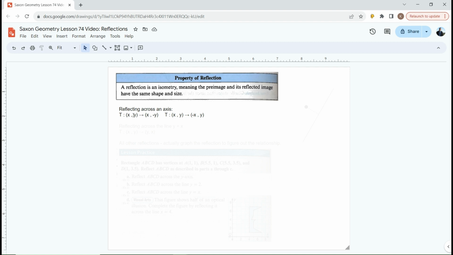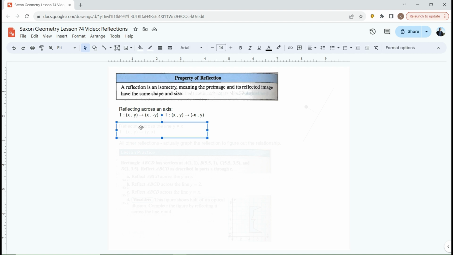If I'm reflecting across the x-axis, the x value stays the same, and the y value of every point that I reflect becomes its opposite. For a point reflected across the y-axis, the x changes to its opposite while the y stays the same. That is one of the easiest transformations that you can do, reflecting across an axis.